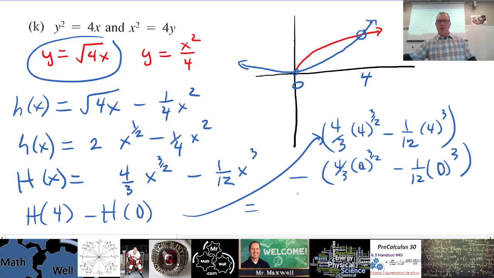So these are just zeros here, so those are gone, and this is going to be the square root of 4, that's what that 2 means. So that's just 2, cubed is 8. 8 times 4 is 32, 32 over 3.